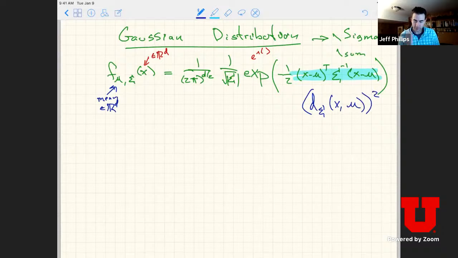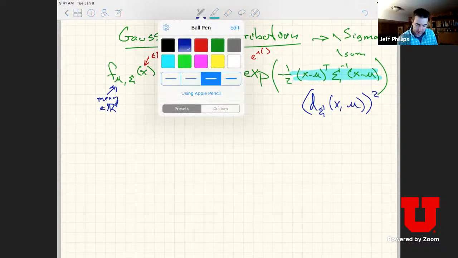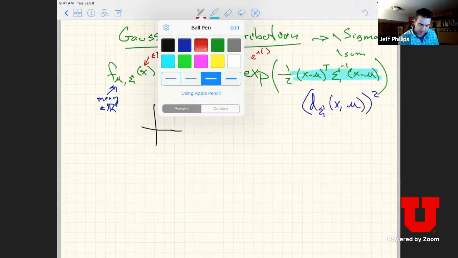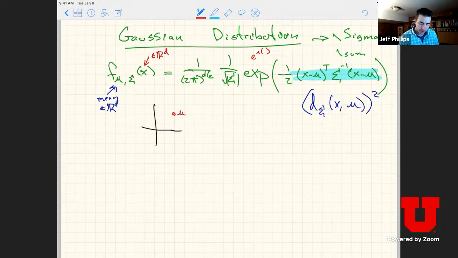So this is how you define a Gaussian. Before, we had talked about having some domain with an origin, and you pick a point mu, and then we had these Gaussian distributions which were essentially symmetric.